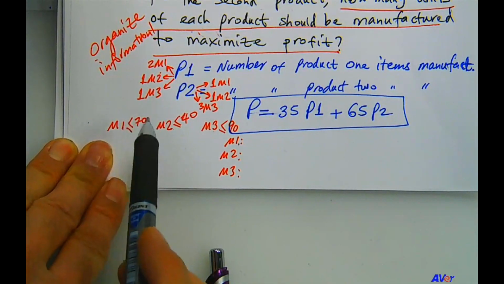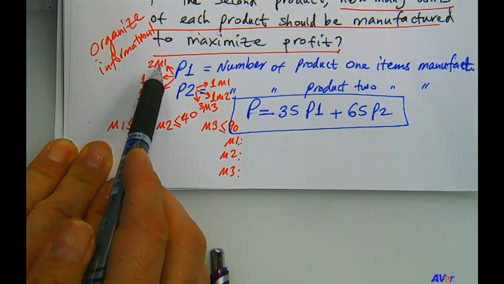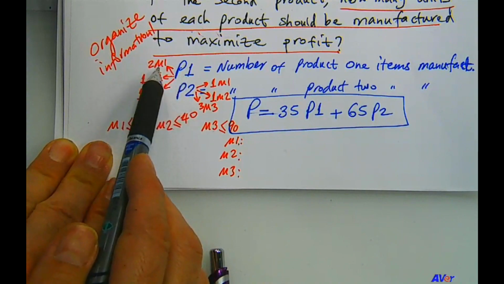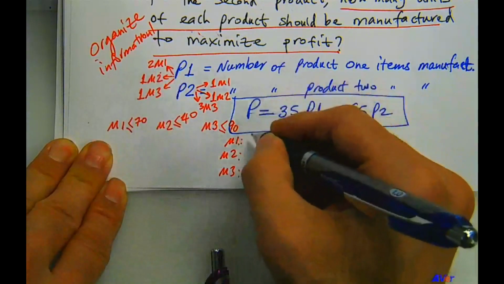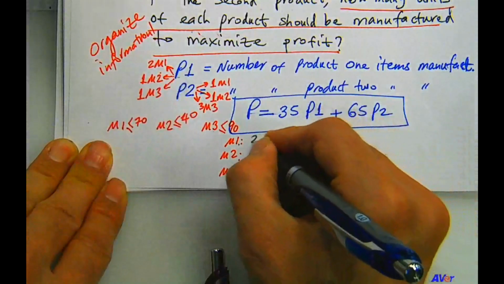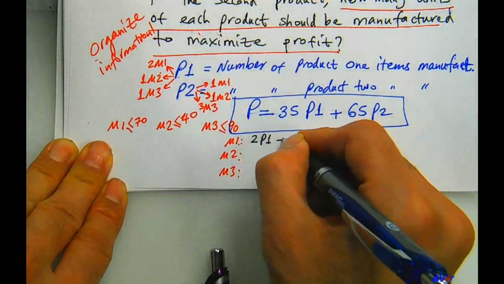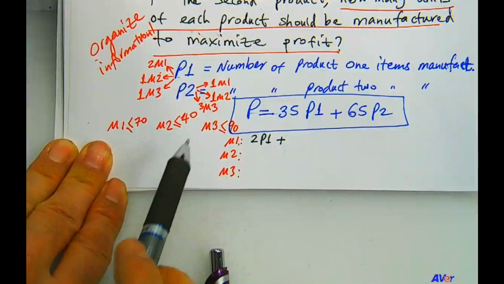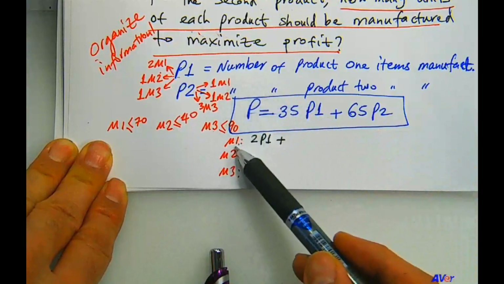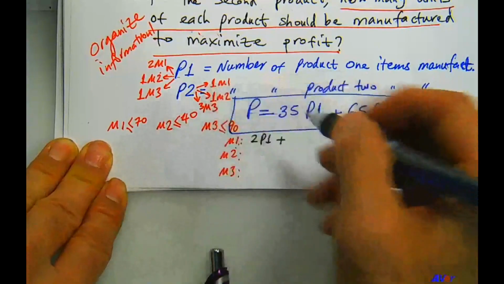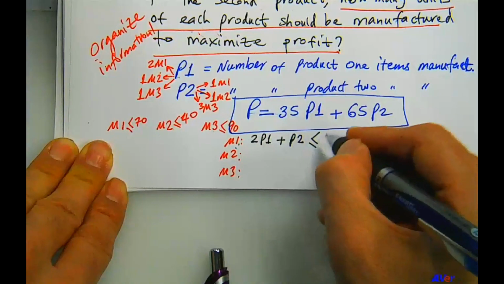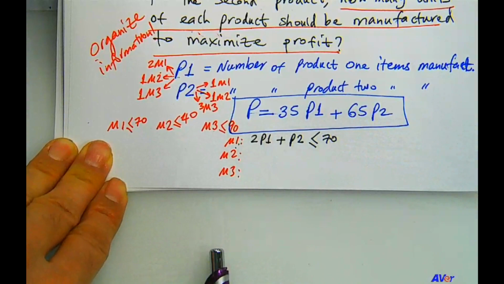We know that. So 2 hours is spent on each product 1 on machine 1. So I'm looking at that, 2P1 plus product 2, 1 hour is spent on machine 1, right? So 1 times P2 is just P2. So 2P1 plus P2 has to be less than or equal to 70.